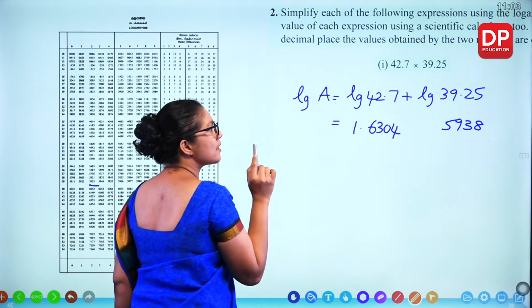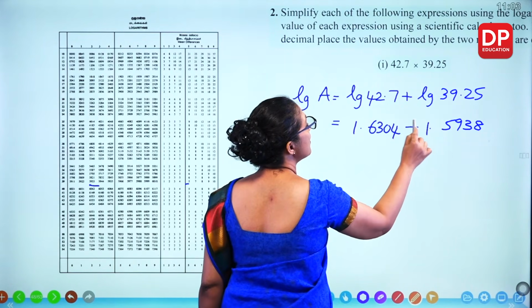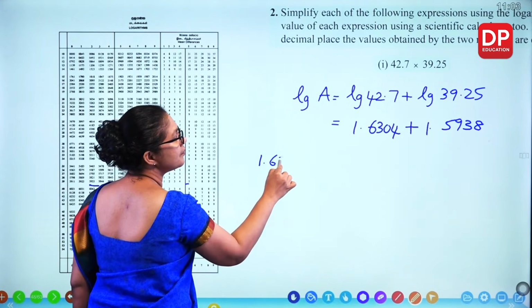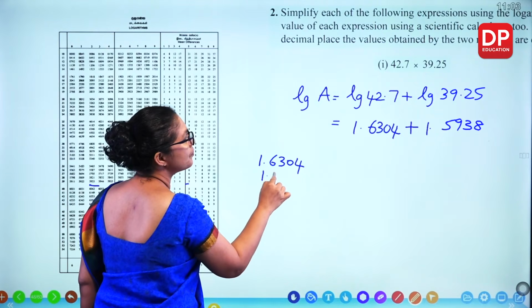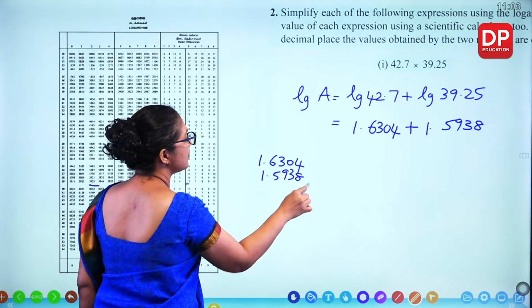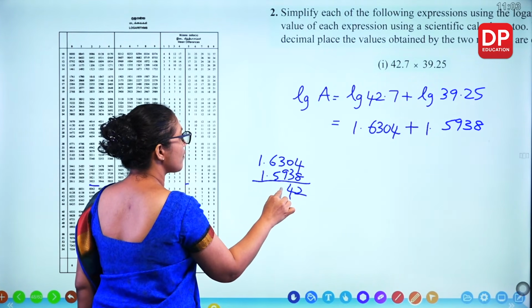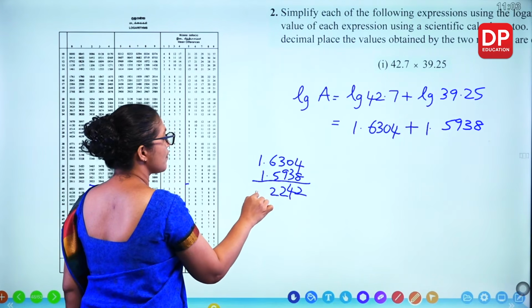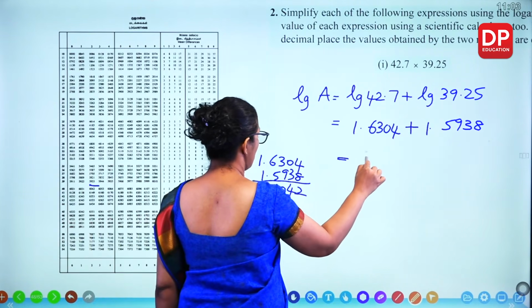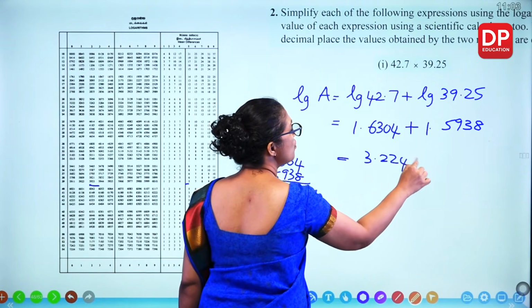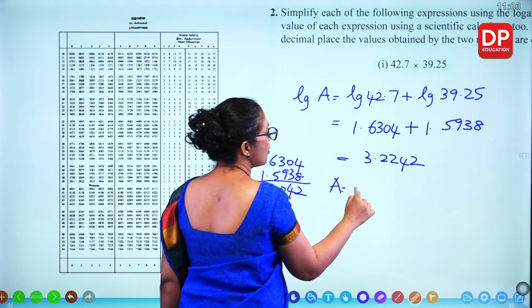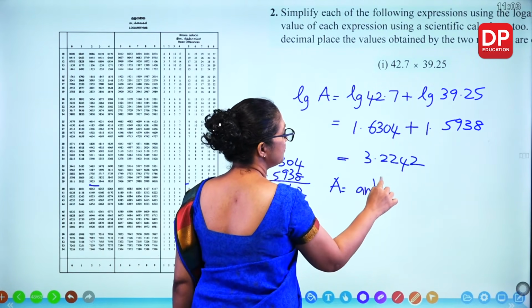This one's characteristic is 1. Add the two values. You get 3.2242. When you take the antilog, you get the A value.